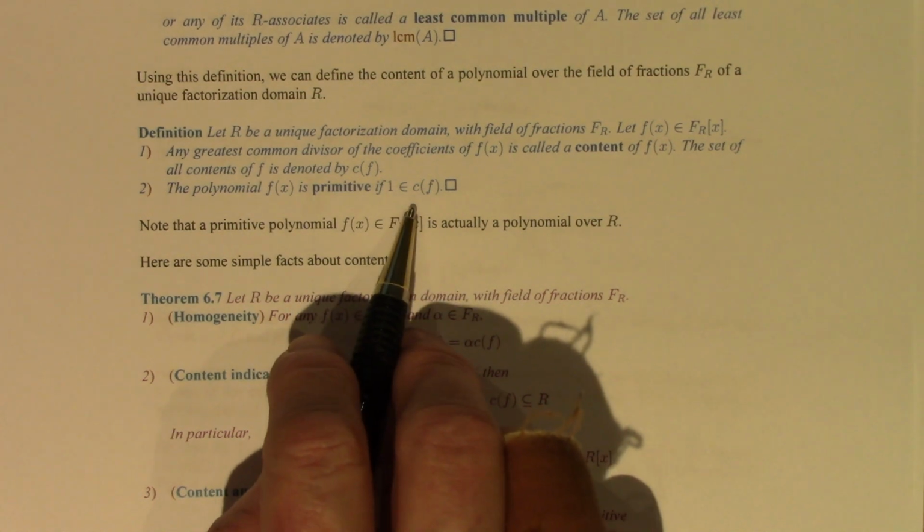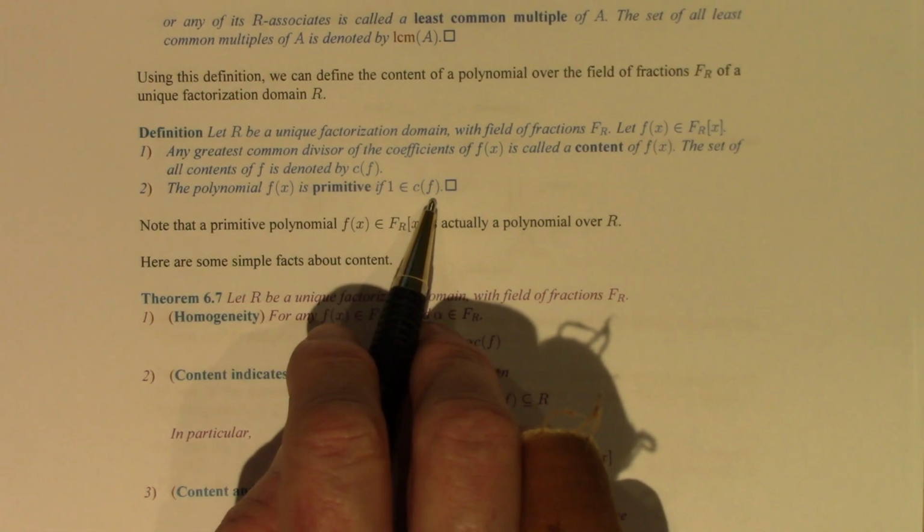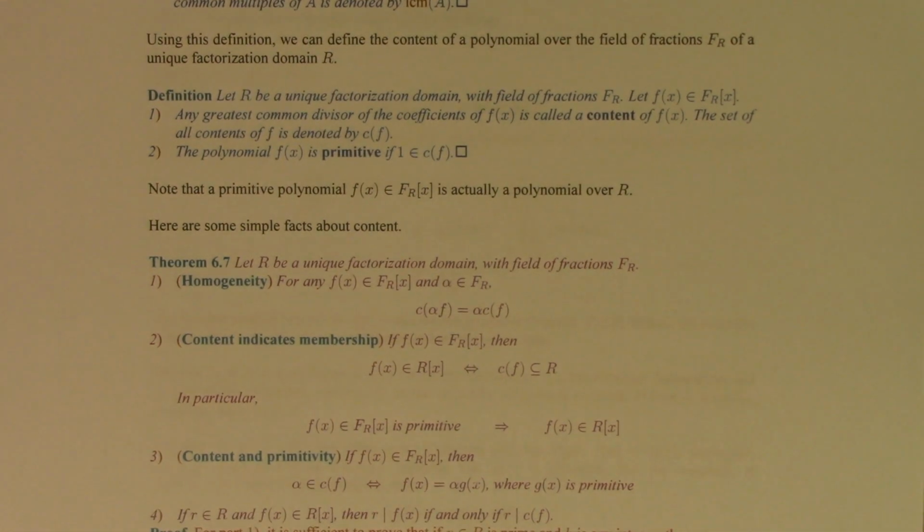A polynomial is primitive if 1 is a content of the polynomial. Notice that a primitive polynomial over the field of fractions will in fact have coefficients in R, the base ring.